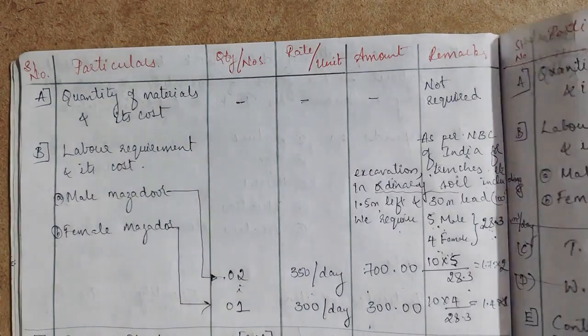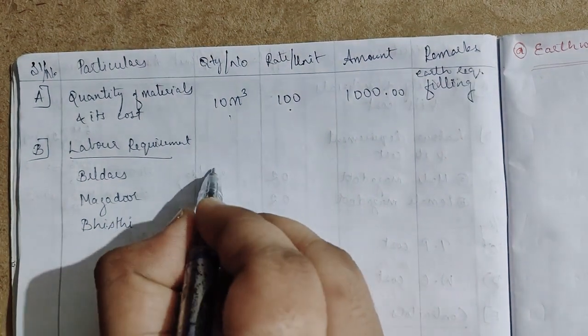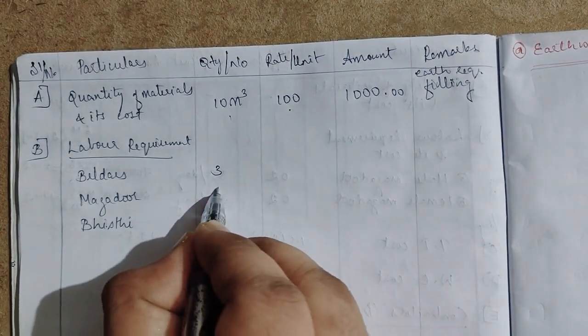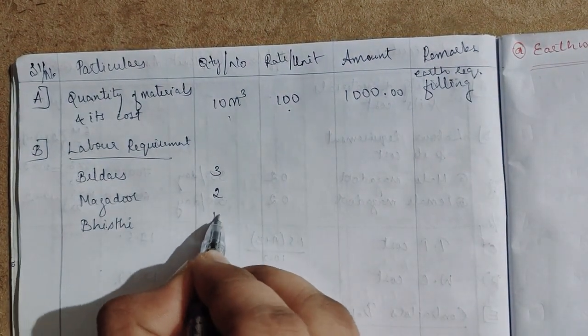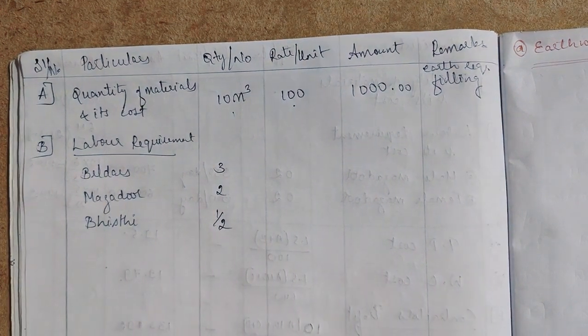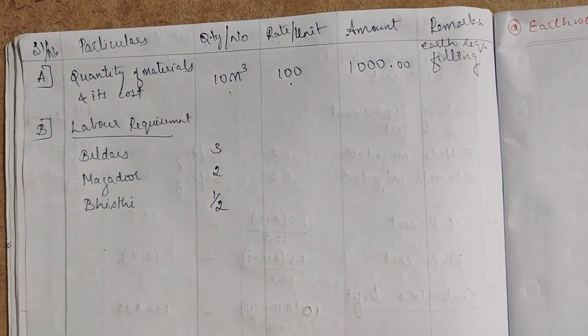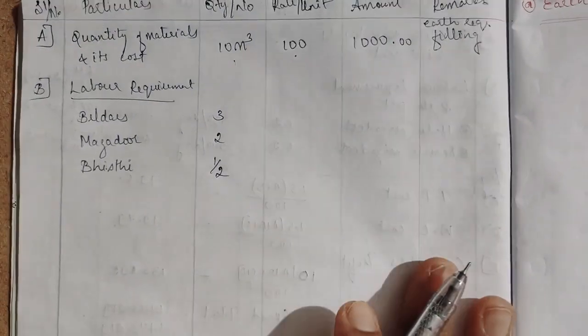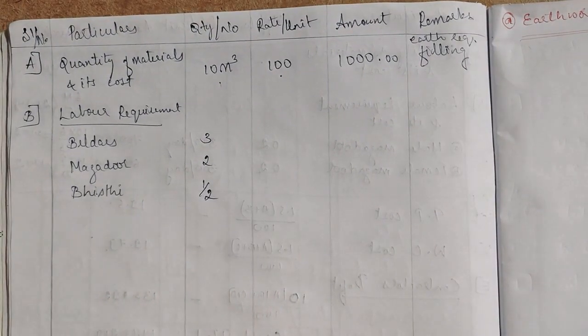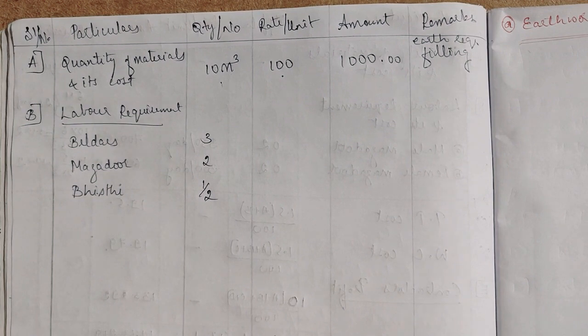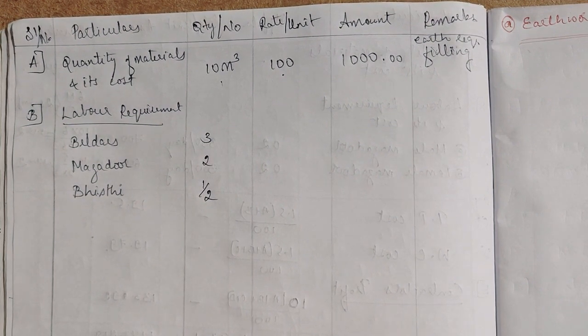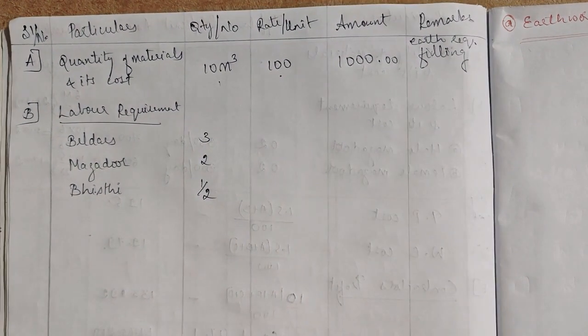So how many beldars we need? They have given 3 beldars, 2 mazdur and half bhisti. Half bhisti means he is working for, according to code it is given half, means we have to multiply the rate, that is half. Either he may be doing half the work, or to his skill it is paid half.